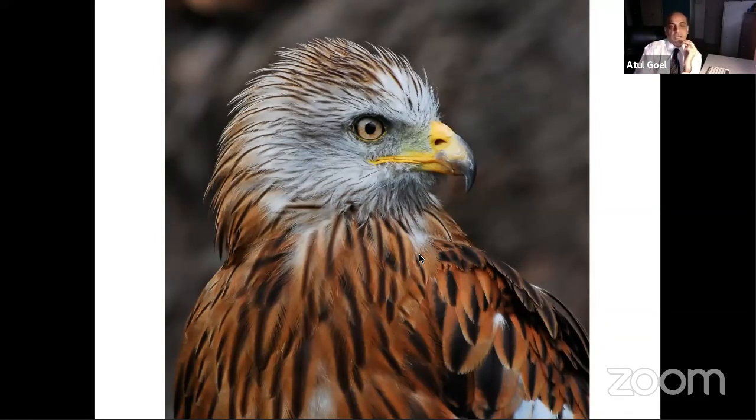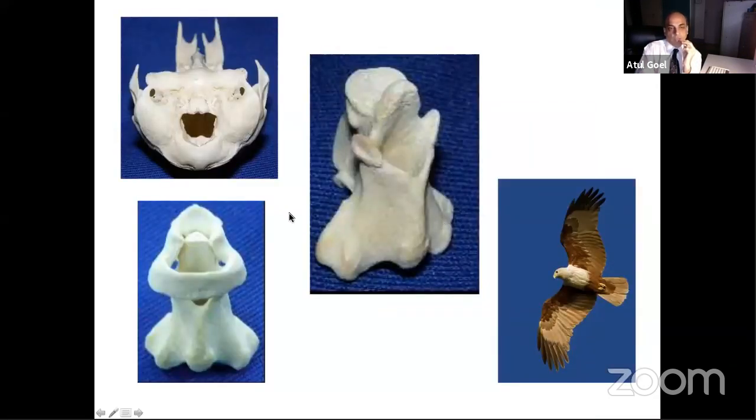So this king or queen bird has a power to move his or her neck almost circumferentially. How on earth can the neck move circumferentially? So there are some special characters in the craniovertebral junction which allow it to move circumferentially.